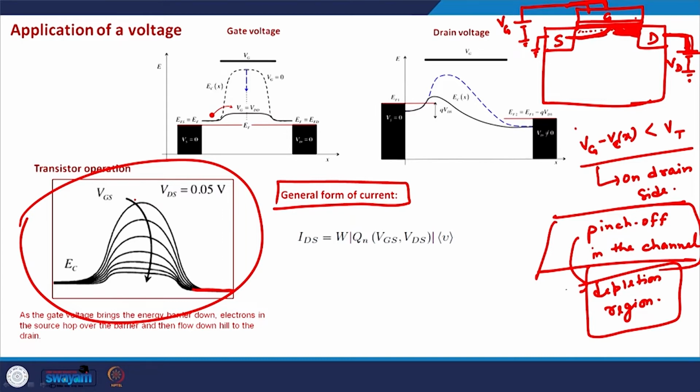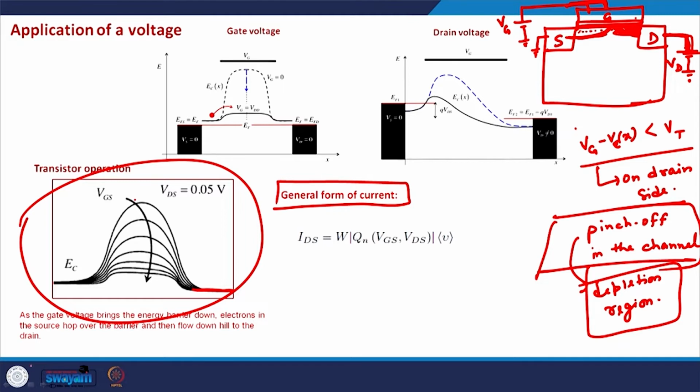Okay. So all those things need to be taken into account while calculating the current, or while trying to understand the electrical characteristics of the current. So there are two concepts that I told you.